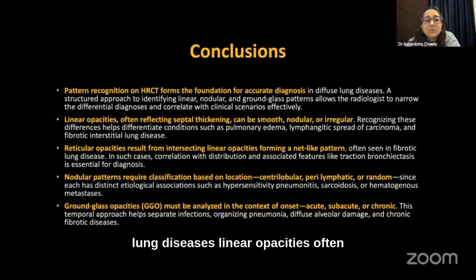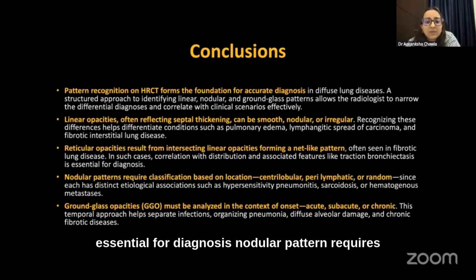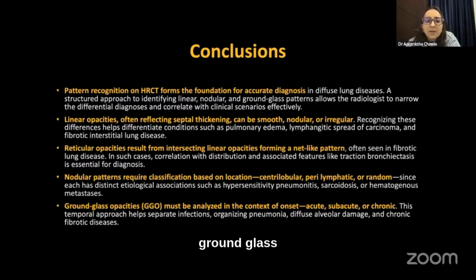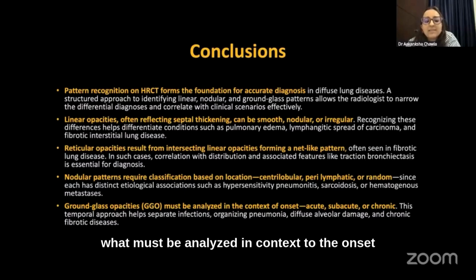Linear opacities, often reflecting septal thickening, can be smooth, nodular, or irregular. Reticular opacities result from intersecting linear opacities forming a net-like pattern, and they're essential for diagnosis. Nodular pattern requires classification based on location, that is centrilobular, perilymphatic, or random. Ground glass opacities must be analyzed in context to the onset, acute, subacute, or chronic. It helps you differentiate the underlying etiology.